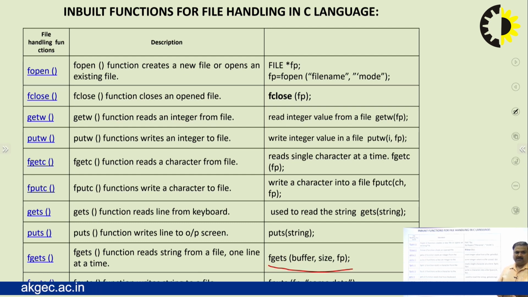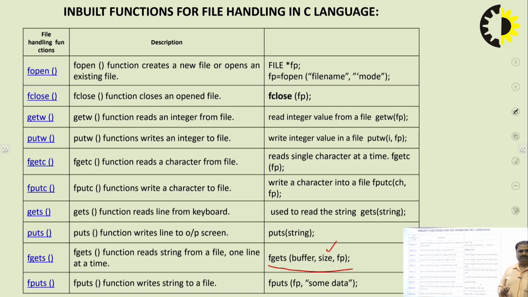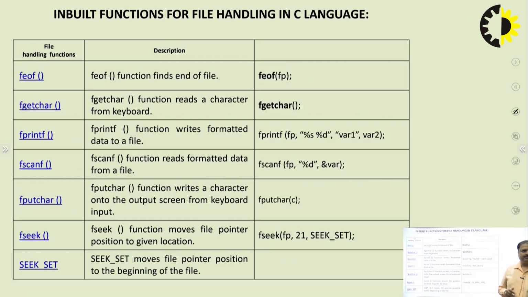So if the buffer is of a certain size, then we specify that this number of bytes will be read at a time from the file. Similarly in the fputs function, we give the pointer through which we are writing to the file, and then the data, or we can pass the buffer which contains the data.